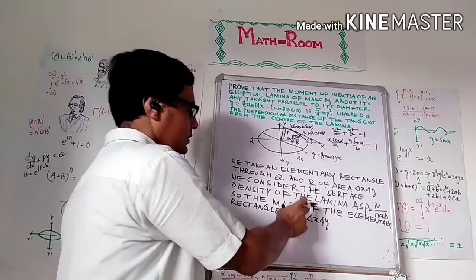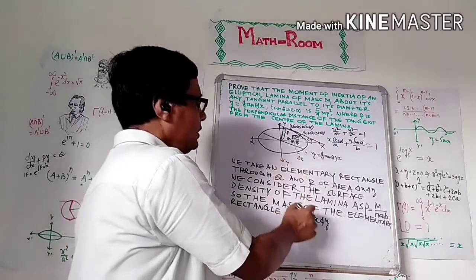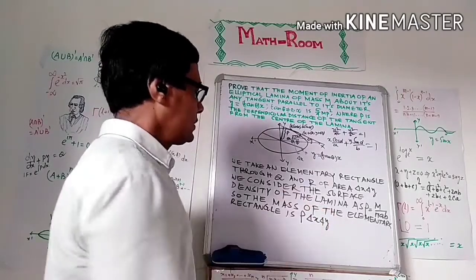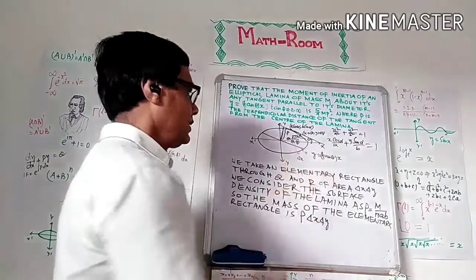Now, at first, we find the moment of inertia of this point mass about the diameter.